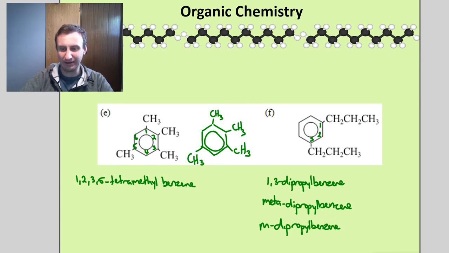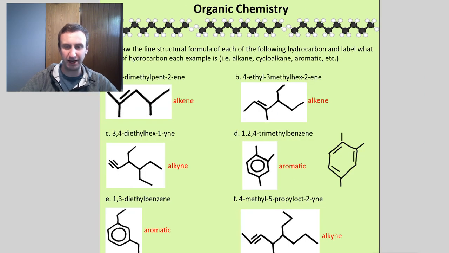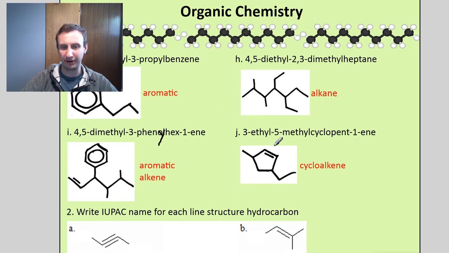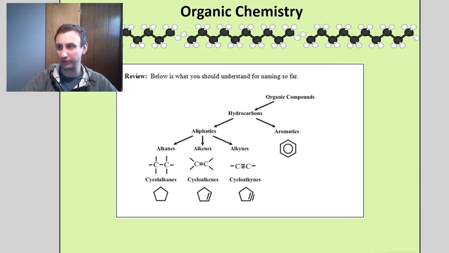So that is essentially aromatics. Now you've got a bunch of examples going through alkenes, alkynes, aromatics, and naming which type it is. So let's review the different hydrocarbons that you know so far. In organic compounds, so far we've dealt only with hydrocarbons, so only things that contain carbon and hydrogen.